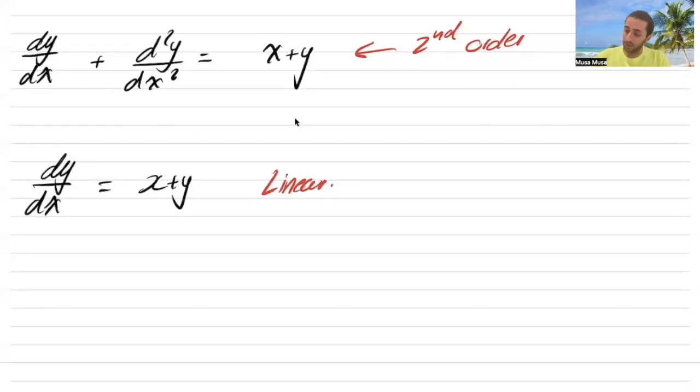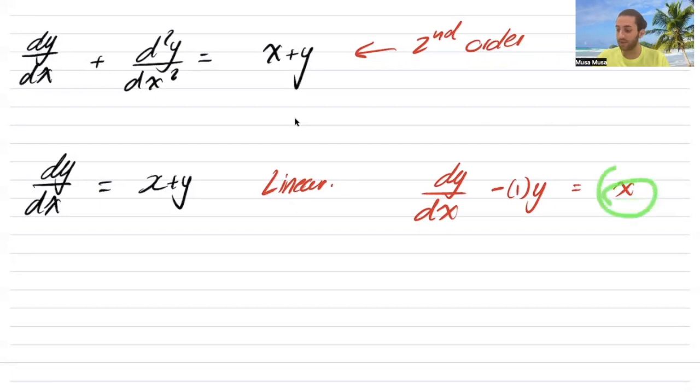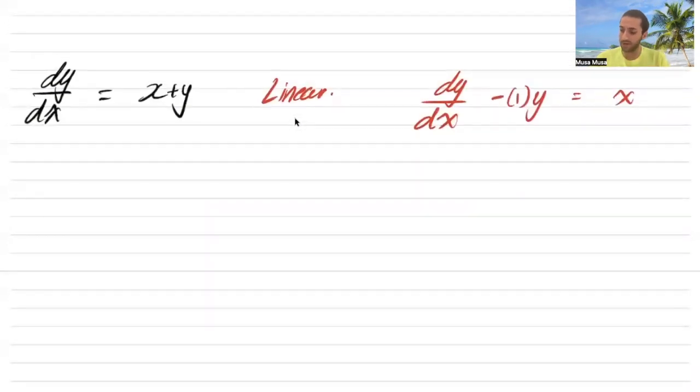Yeah, you can. You can write it in the form that we discussed before. dy on dx minus y equals x. You can see there is a function of 1 here, and then you can see there is a function of x on this side. It's just x. So it abides by the form that I've written above.